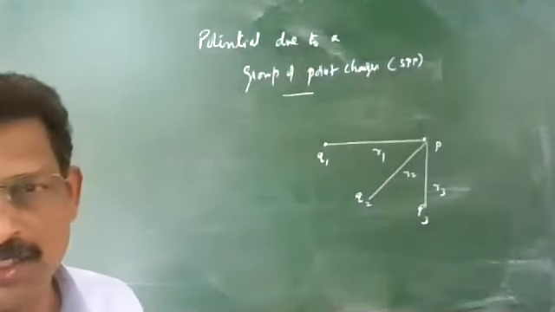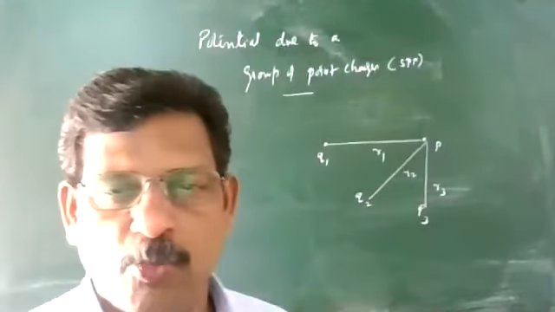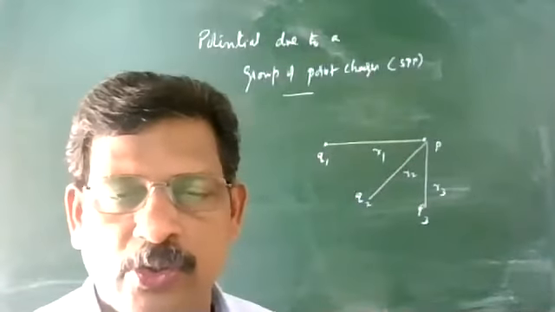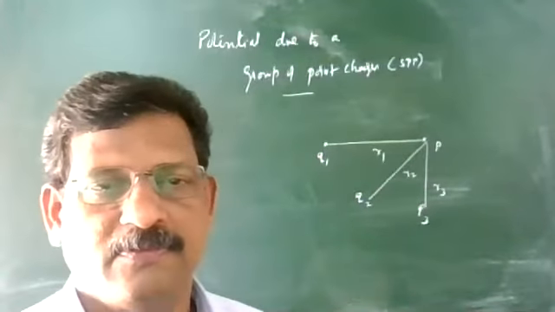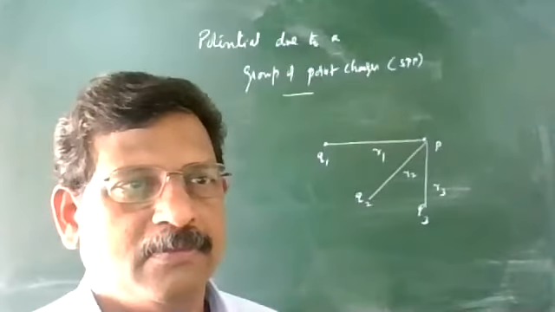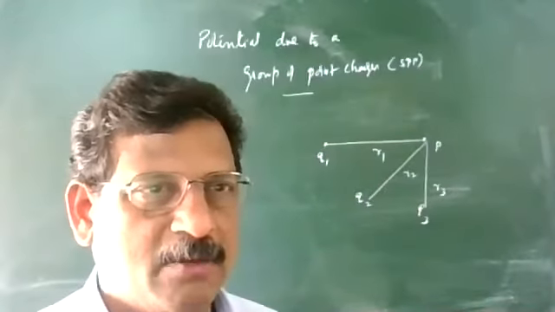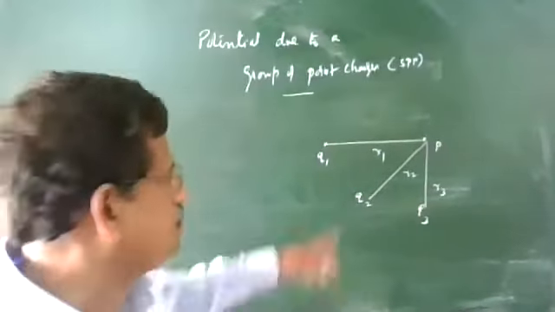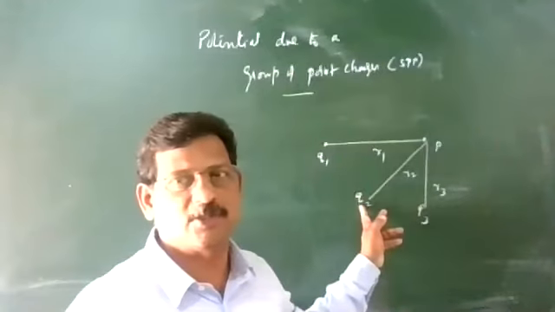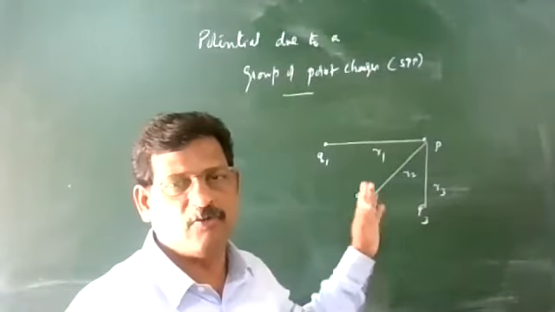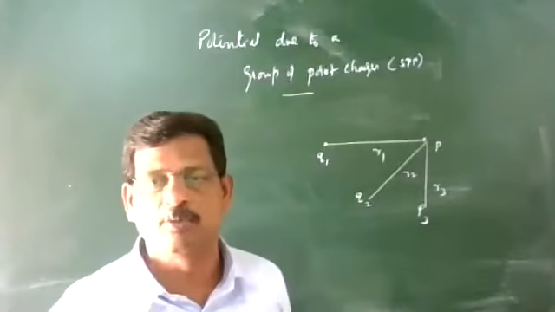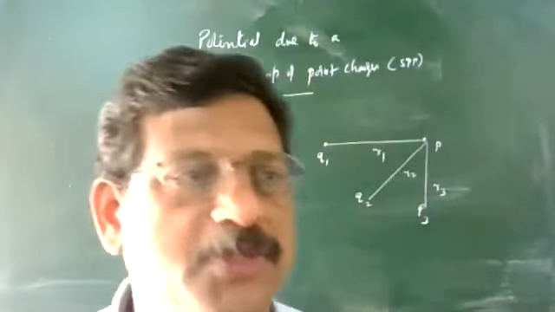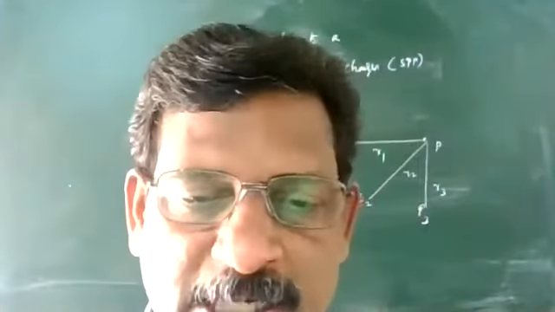So total potential at point P due to a group of point charges is equal to the algebraic sum of the potential at that point due to the individual charges. First one ka potential plus second ka potential, third ka potential, etc. The potential at the point P by the first charge is not influenced by the second one, and that is not influenced by the third one. All are doing their own potential independent of each other, but you have to take care that positive charge potential is positive, negative charge potential is negative.